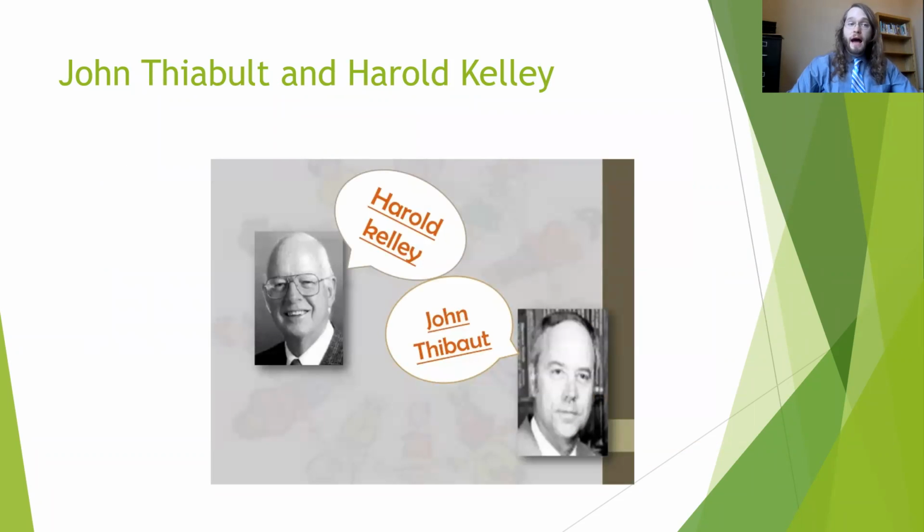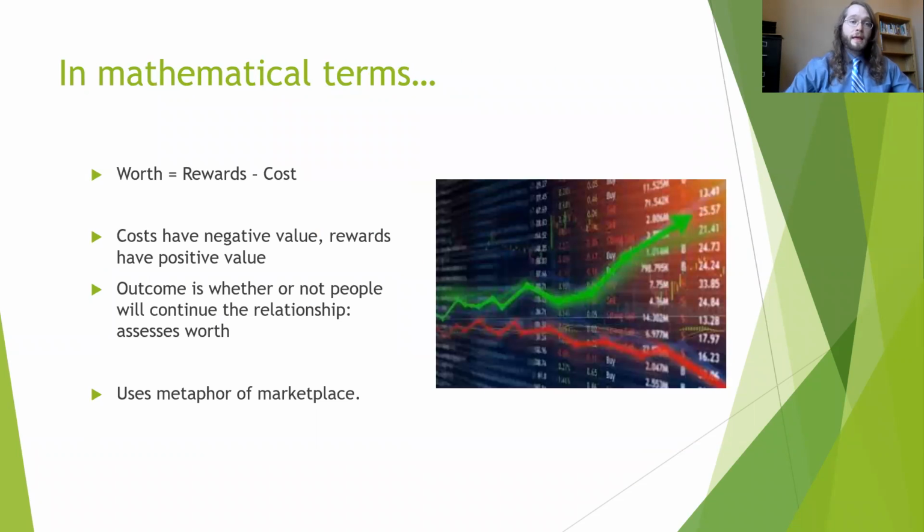This comes from John Thibaut and Harold Kelley, who are both social and communication related researchers looking at our human relationships and communication. Basically, SET is taking economics and taking a very quantitative approach and imagining it in our own communication. It looks at the worth of our relationships in terms of the rewards minus the costs. That is, costs are things with negative value.